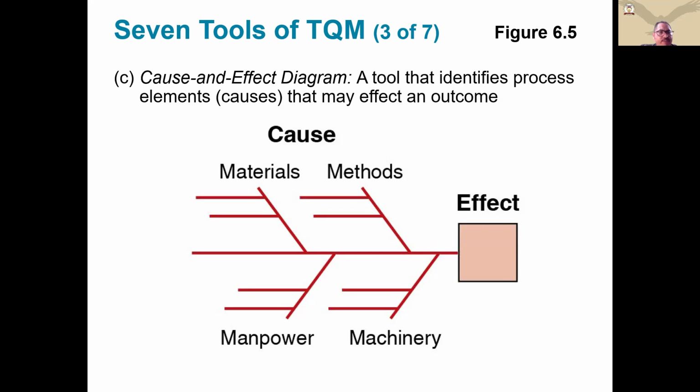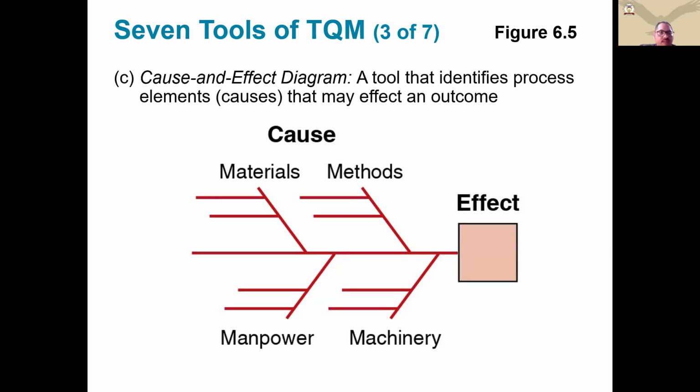And so it's standardized to look at materials, to look at methods, to look at manpower, to look at machinery. And so looking at each of these areas in the operation, then you try to determine, okay, under materials, for example, what would be causing the problem that we have at hand, right? Maybe the materials that we're using are substandard. Maybe they're not arriving early, things like those, right?